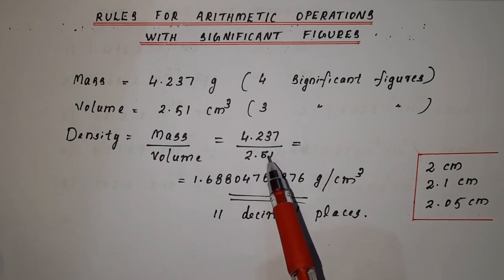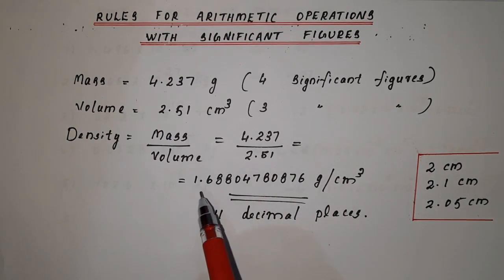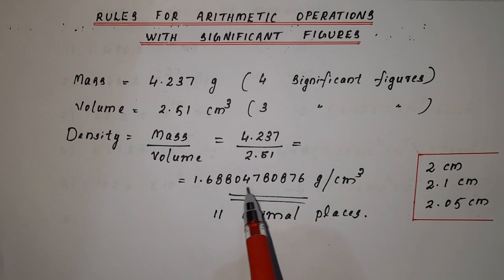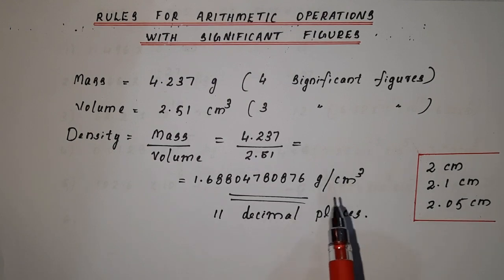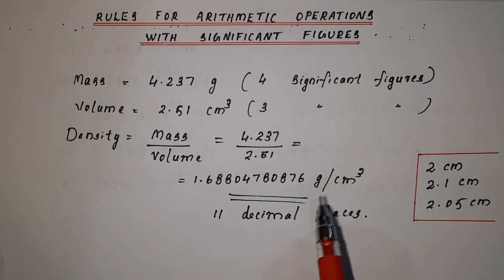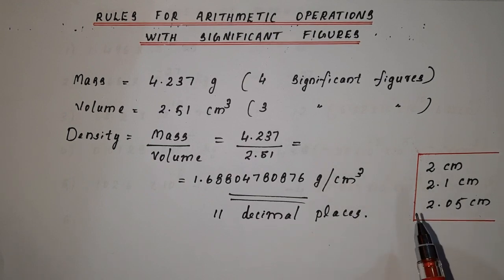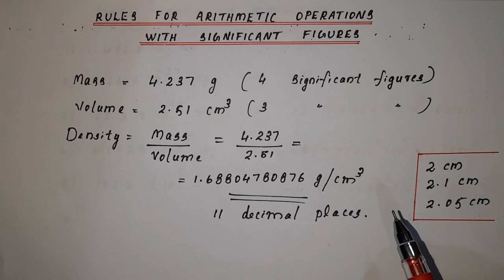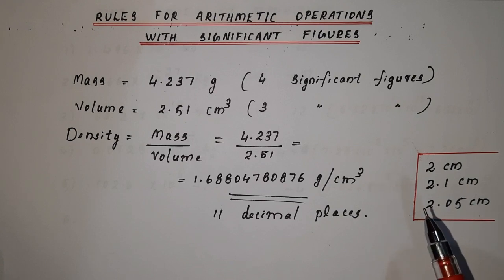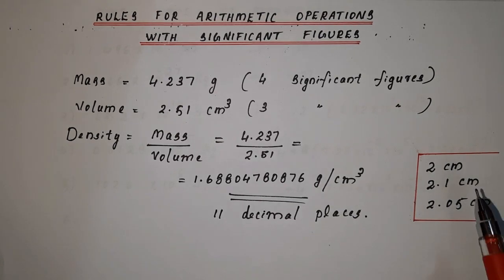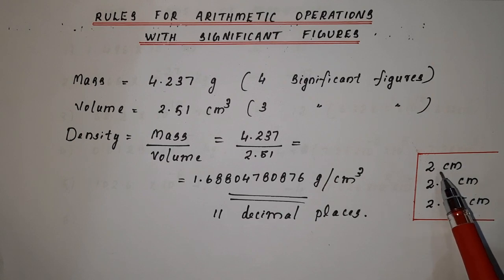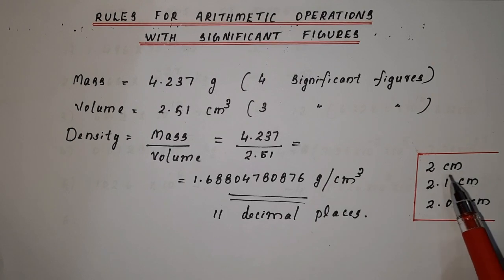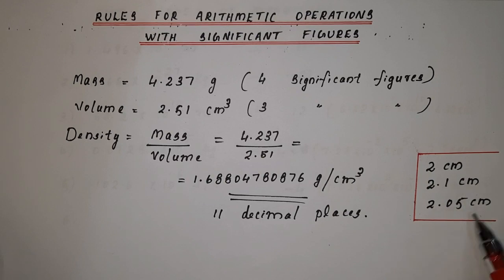When we calculate the density, using a calculator, you will get this many decimal places. Okay. So you know that the number of decimal places in a measured value shows the precision of the instrument. That example I have written here, the length of an object: 2 centimeter, 2.1 centimeter, 2.05 centimeter.